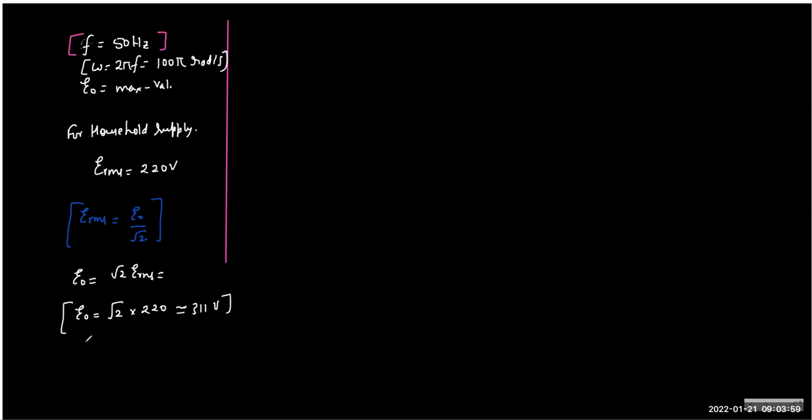So there is a very famous and common question in textbooks: which one is more dangerous, a 220 volt DC or a 220 volt AC? Now, when it comes to the specification of alternating values, by default every specification will be the RMS value, because it's a variable quantity, so what we report to the public is the RMS value.